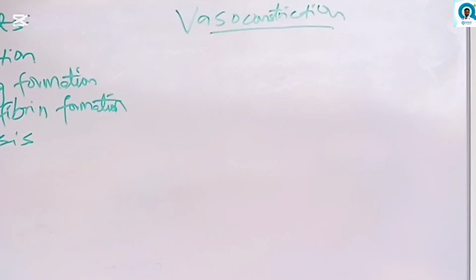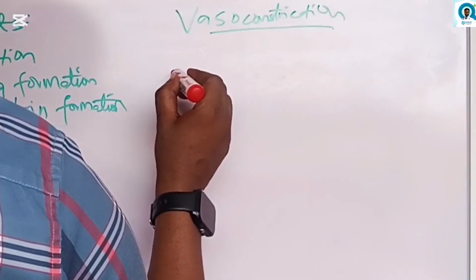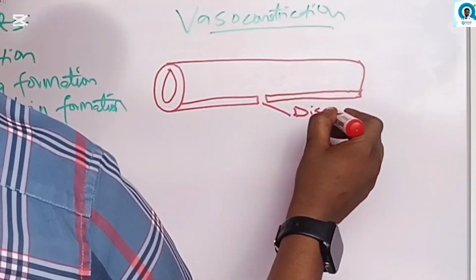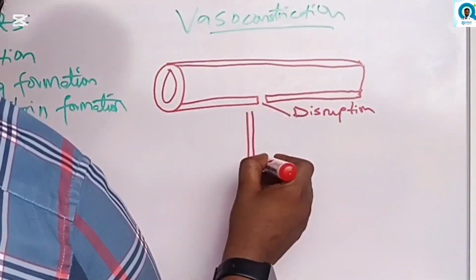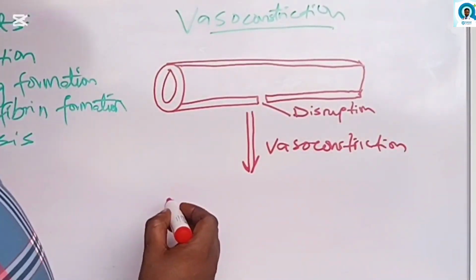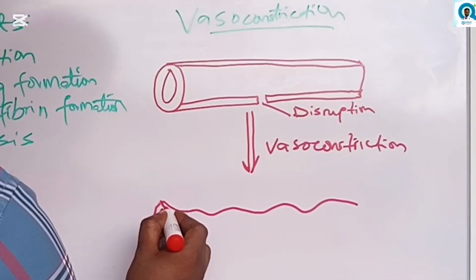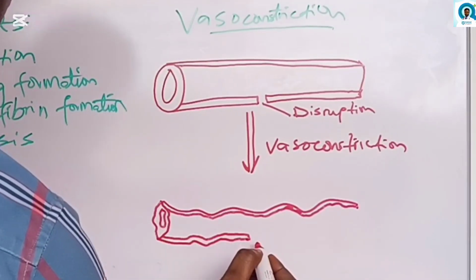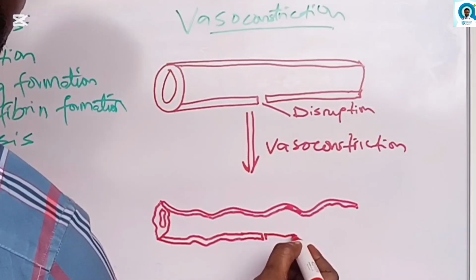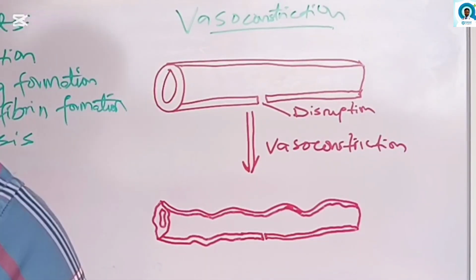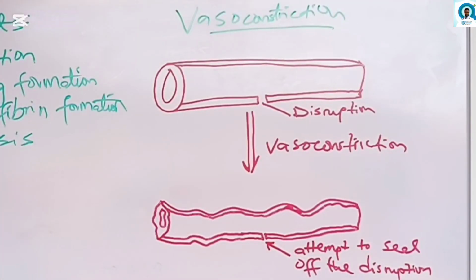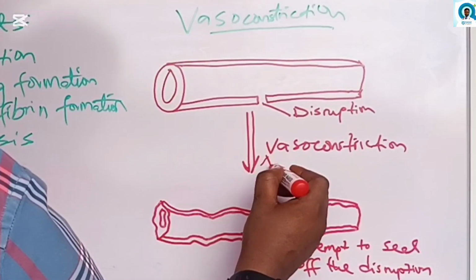When there is disruption in the integrity of the vascular wall, the fastest way that the body responds to stop or reduce bleeding is vasoconstriction. This is what happens. There is a disruption of the vessel wall, then the vessel constricts in order to seal off that disruption to prevent or reduce bleeding.